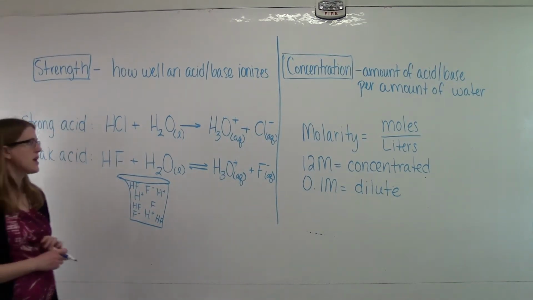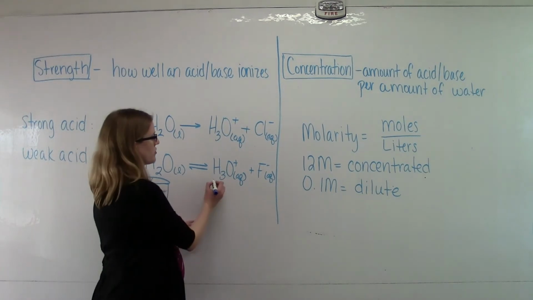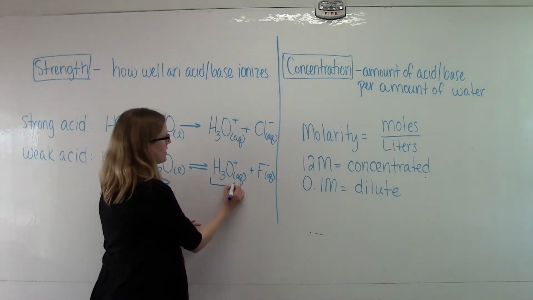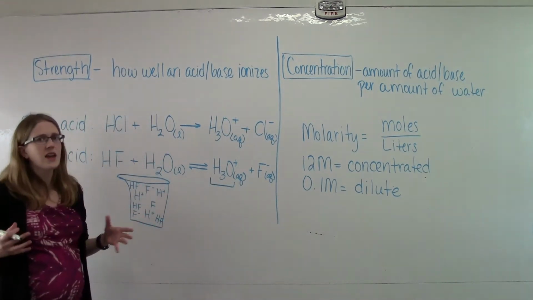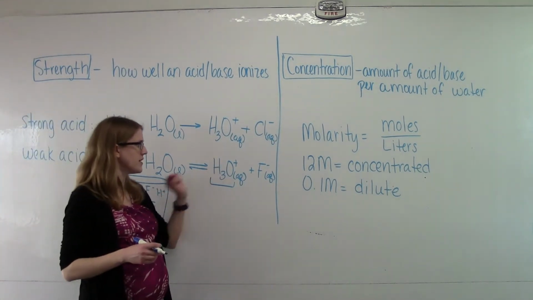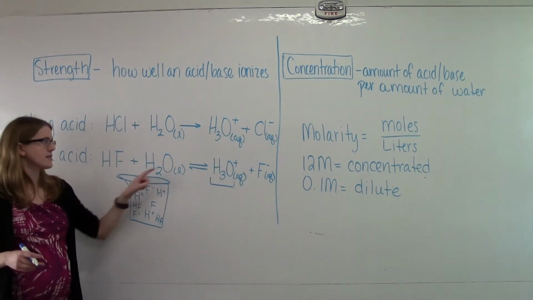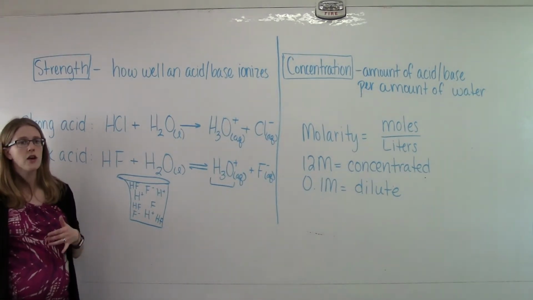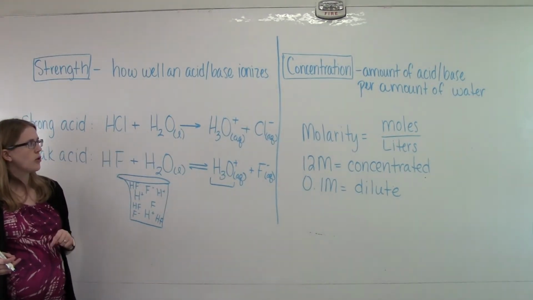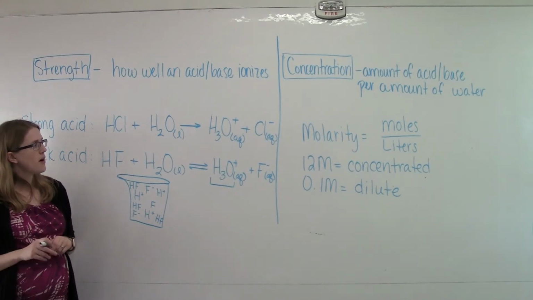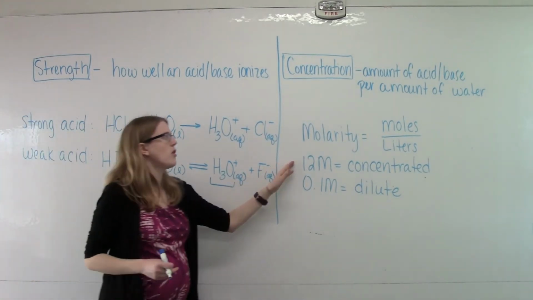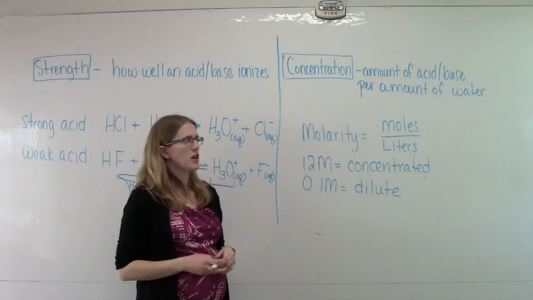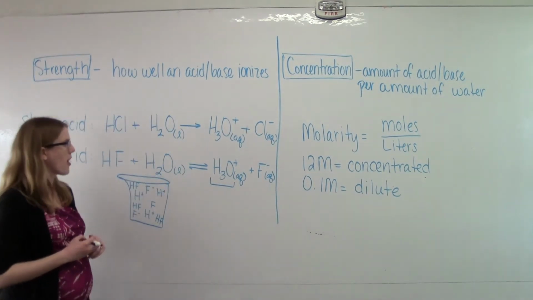But do you see how pH refers to the negative log of the concentration of this? So if it ionizes less, generally speaking, HF would have a higher pH than HCl would, okay? But concentration is also going to affect pH as well. So that's just something to be thinking about.